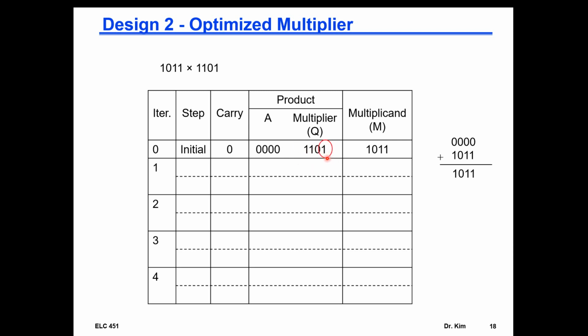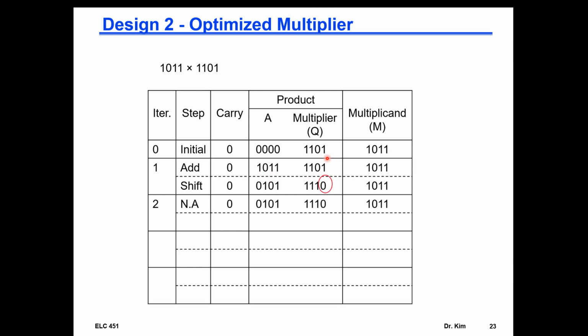So you look at the bit, and you add. And you keep doing the same thing. You shift. So you look at the bit, and you inhibit the addition, and you shift.